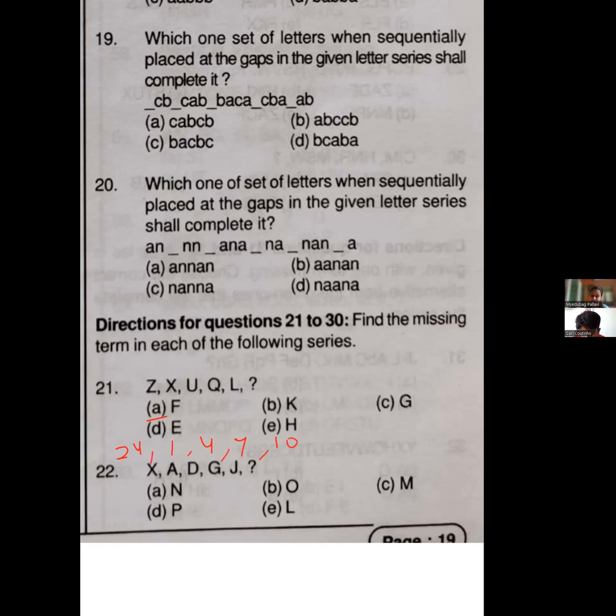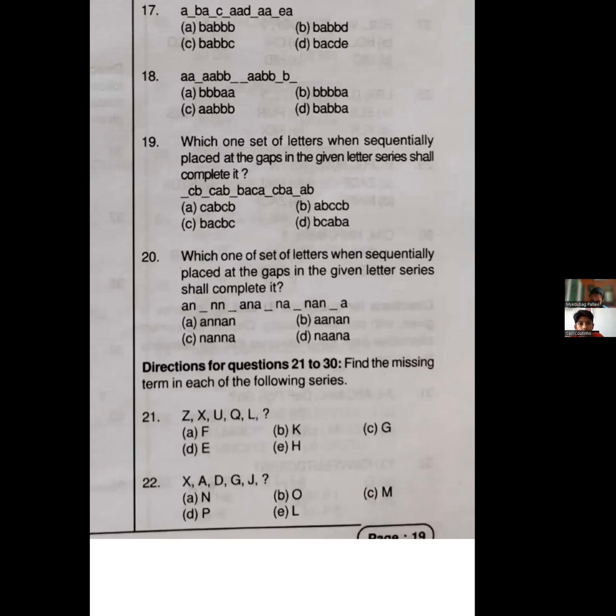It increases by 3. 24 plus 3 is 1, then 4, then 7, then 10. Plus 3 will be 13, and the 13th letter is M, right? Very good. This one was easy.